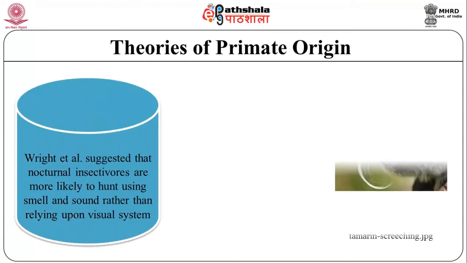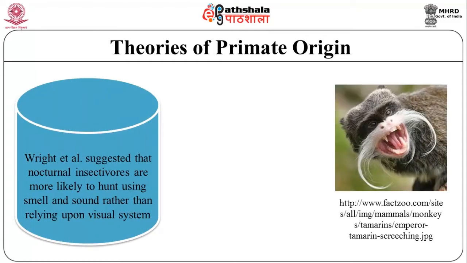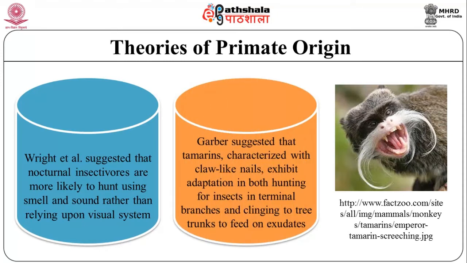Wright et al. suggested that nocturnal insectivores are more likely to hunt using smell and sound rather than relying upon the visual system, and Garber suggested that tamarins, characterized by claw-like nails, exhibit adaptation in both hunting for insects in terminal branches and climbing tree trunks to feed on exudates.